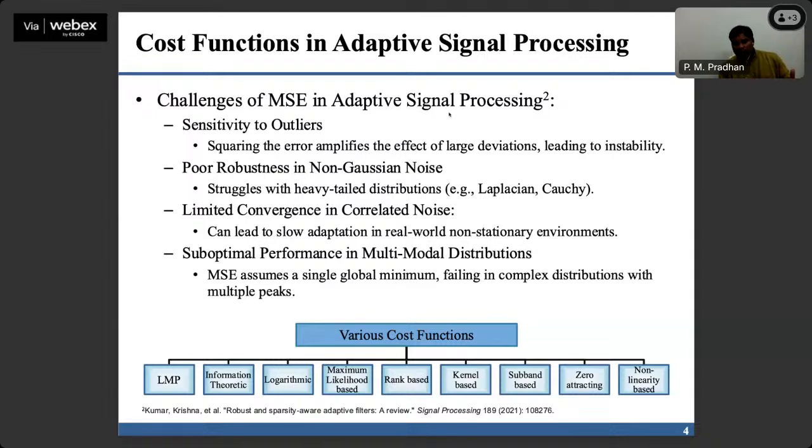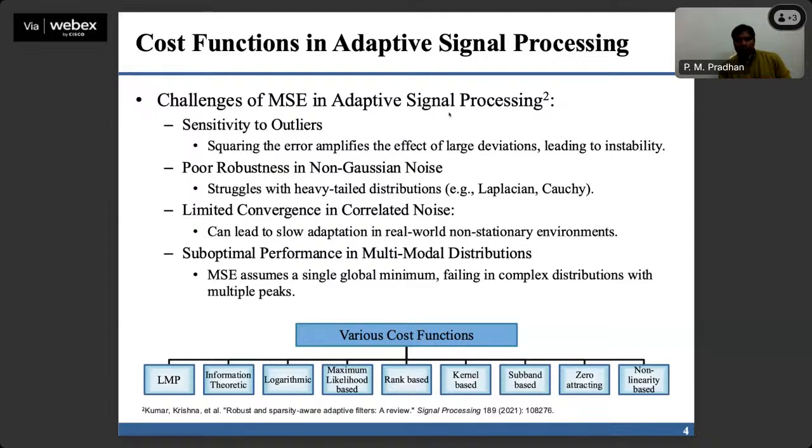There are systems with non-stationary environments where, when you record the noise, you will see that the noise samples are correlated to each other. In those scenarios, the mean square error as a cost function will have limited convergence.